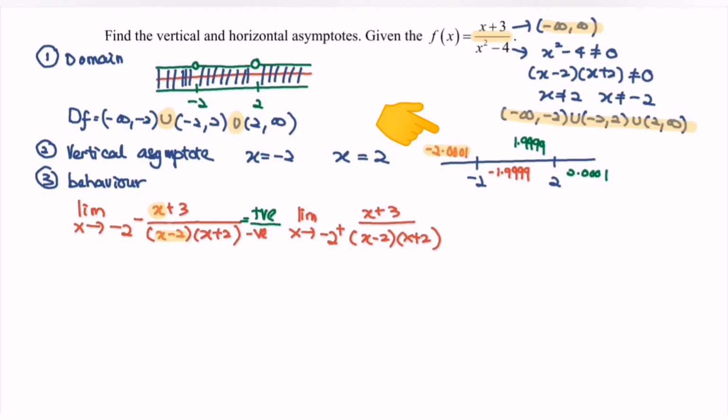Followed by, if we substitute into this part, again notice that negative 2.0001 plus 2 gives another negative value.